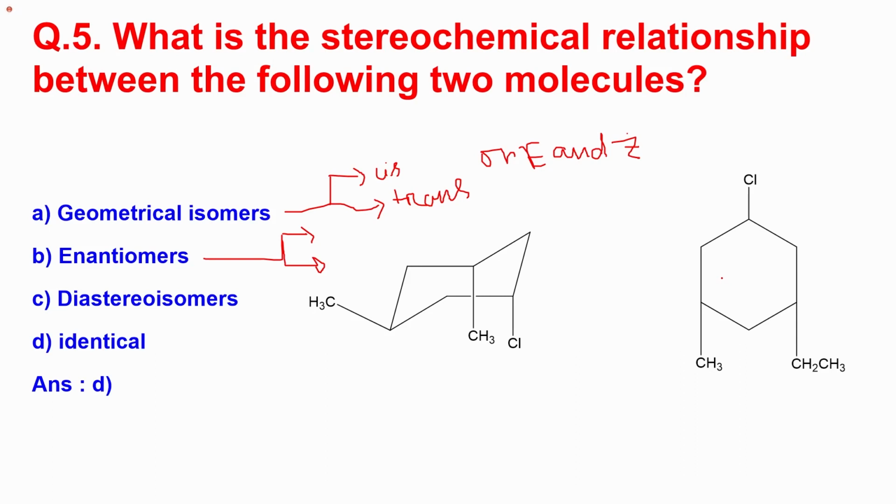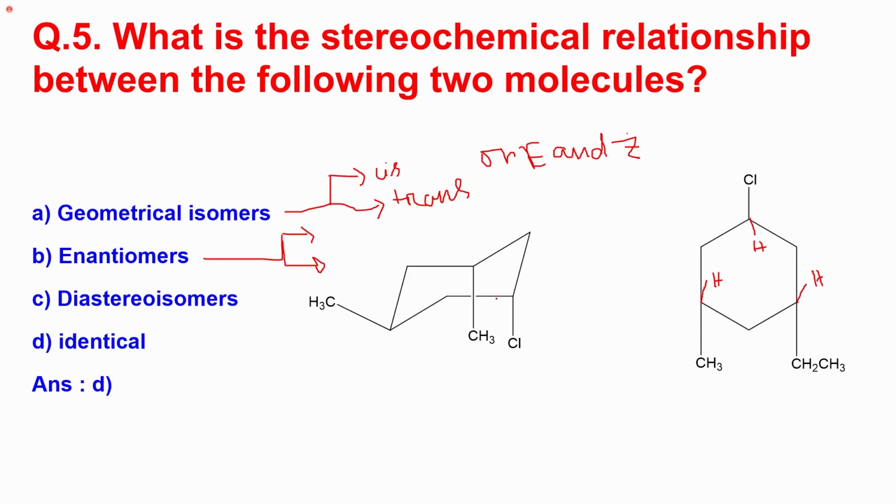Why is it identical? You can see this is the CH3, and then hydrogen is here, then one hydrogen is here. Actually, if you see, the molecule is not exactly properly drawn.